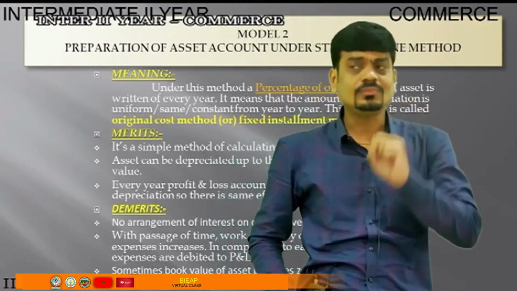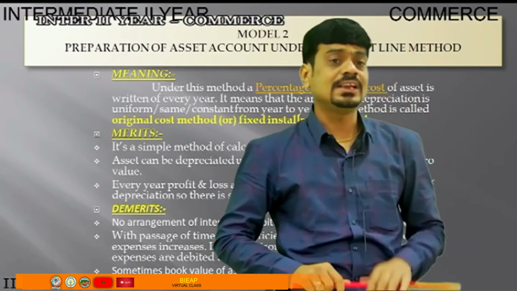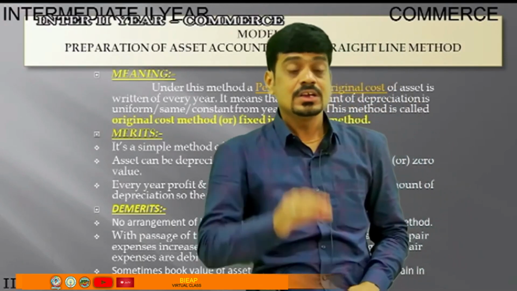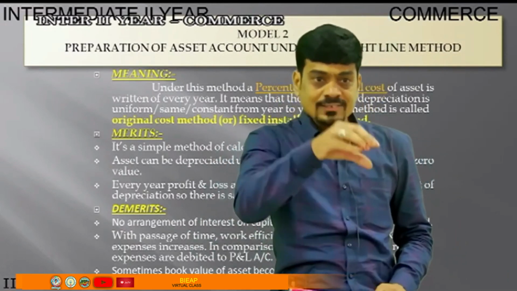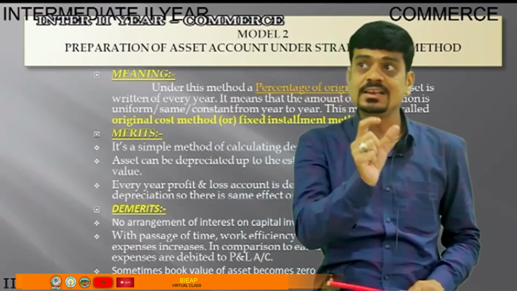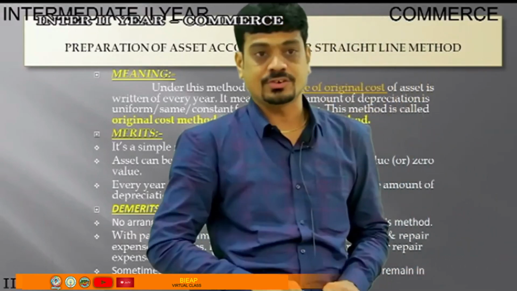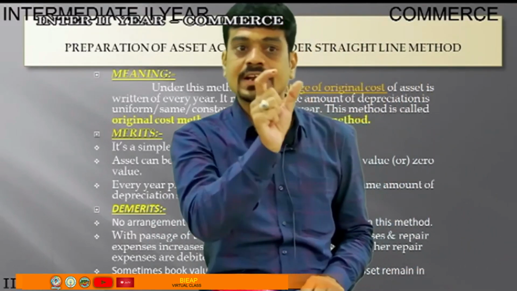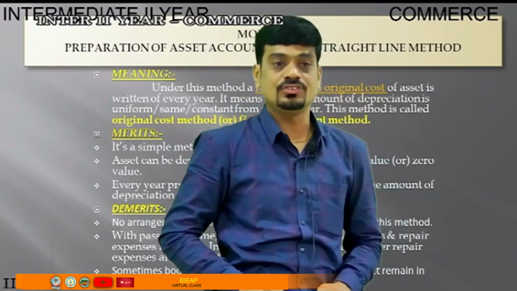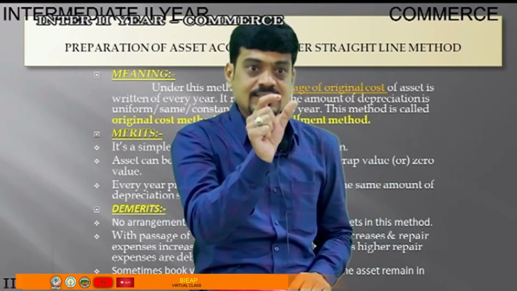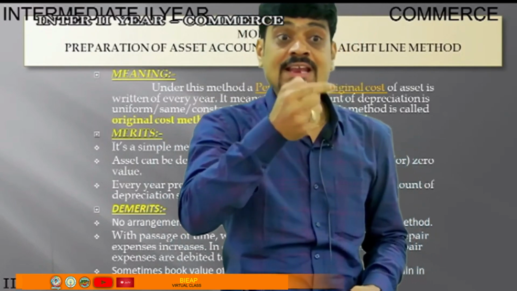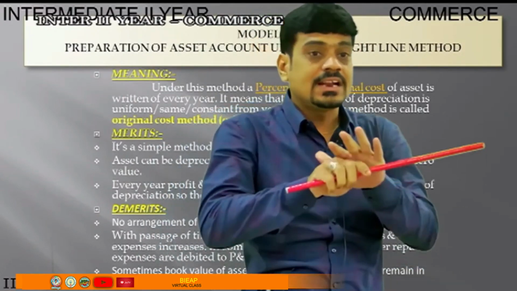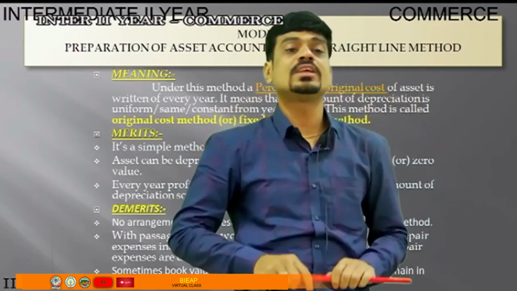So when we talk about the straight line method of depreciation, the meaning says that in this method, a percentage of original cost, and we have already seen the concept of original cost, is taken as depreciation, and that will remain constant throughout the life of the asset.